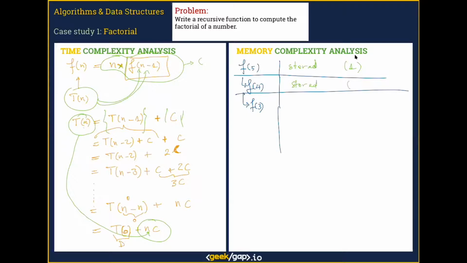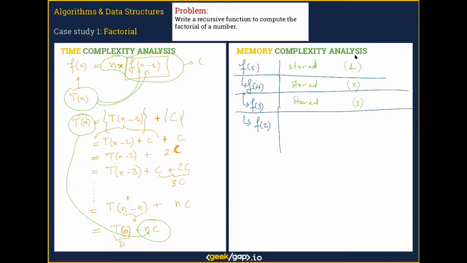So this will take 1 plus 1, now we have two memory slots. And if we continue, for factorial of 3 we need to find factorial of 2 first, and while we are busy doing that, we need to store another slot, and so on and so forth.